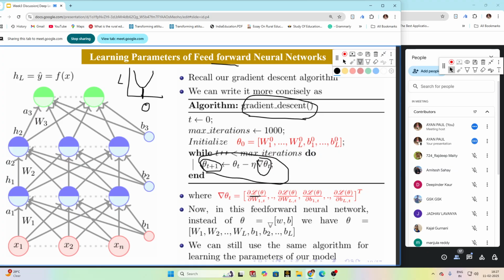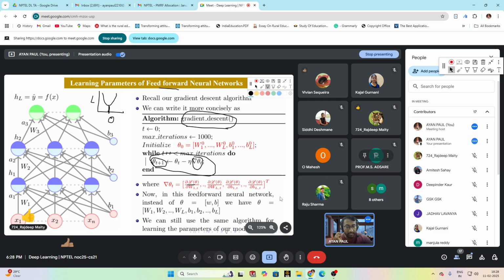Whenever we solve it, we will see more about backpropagation. We are just using gradient descent to learn the parameters, because we have two kinds of learnable parameters: one is weight and another is bias. Together weight and bias are denoted here by theta. Is it clear to all of you?